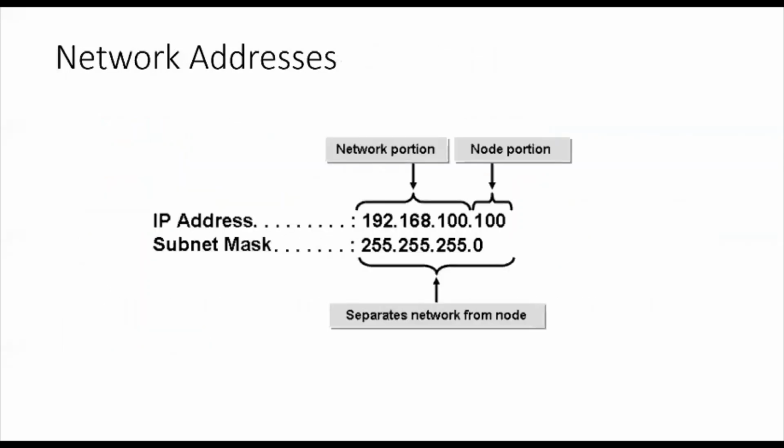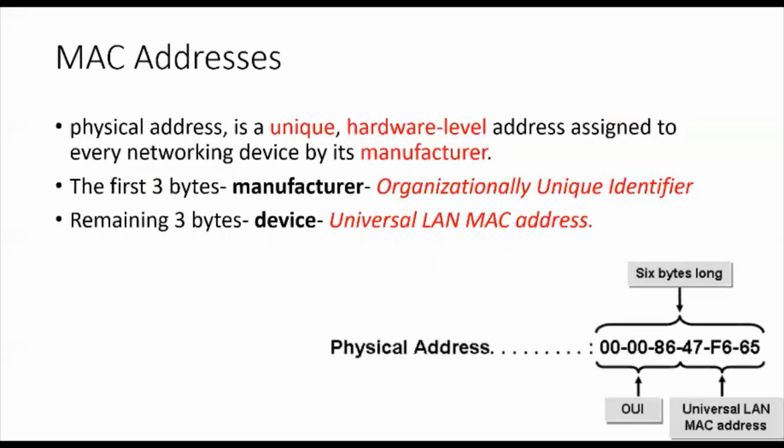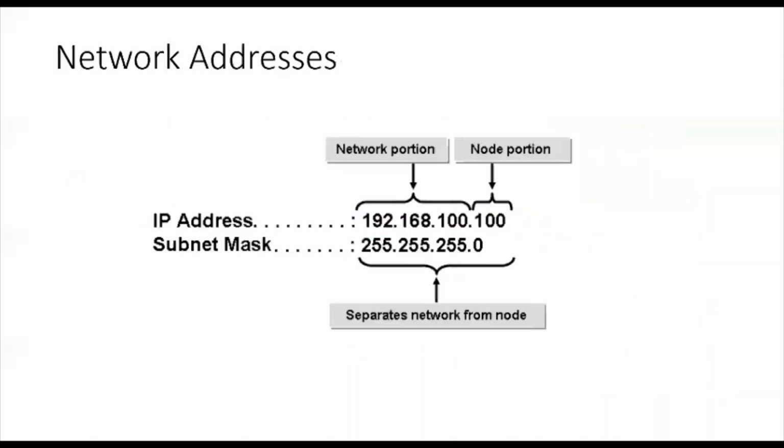The IP address is represented in decimal notation, unlike the MAC address. The MAC address is 6 bytes and is represented in hexadecimal notation. Unlike the MAC address, the IP address is represented in decimal notation. Here in this example, 192.168.100.100 is a decimal representation of an IP address.